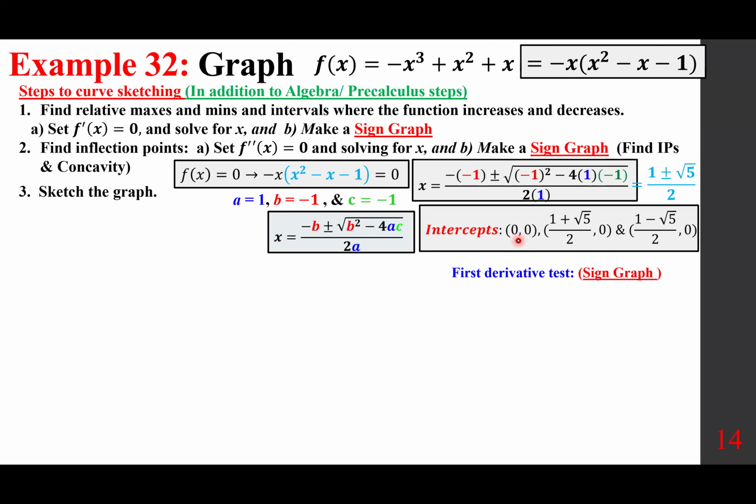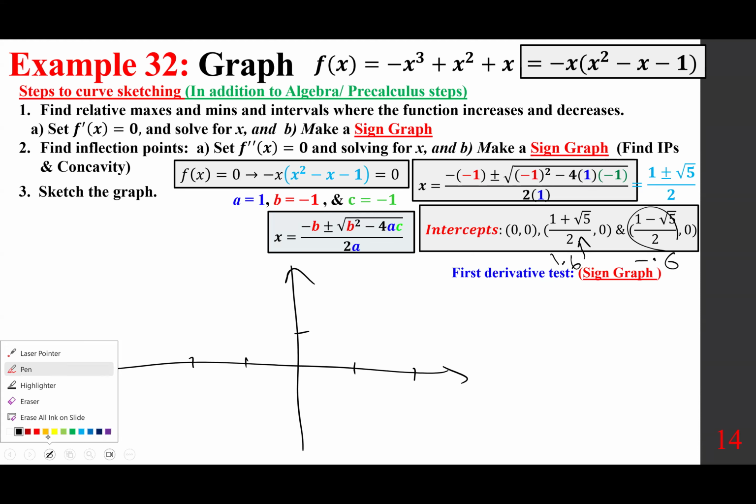Now, for the sake of the graph, 1 plus square root of 5 is almost 1.6, and this is almost negative 0.6. So we have 0, 0, 1.6, and negative 0.6.